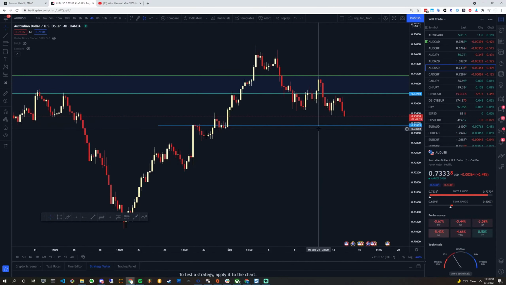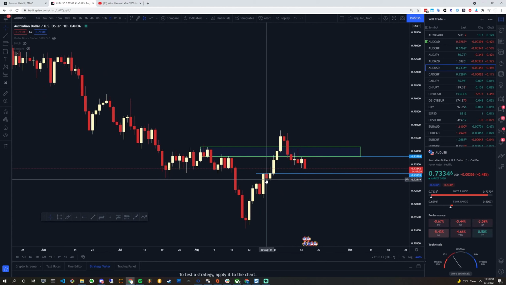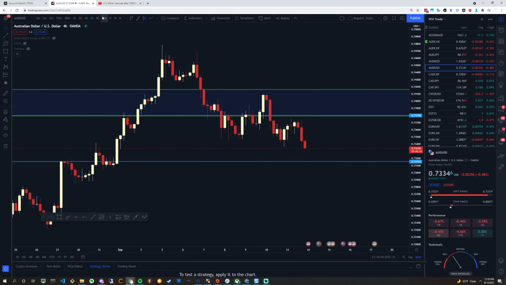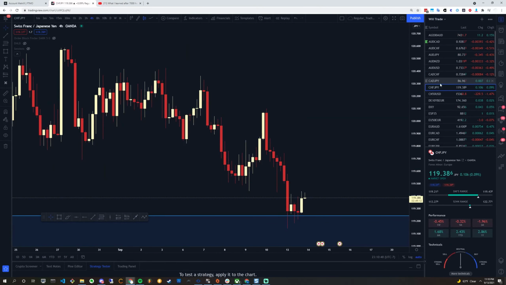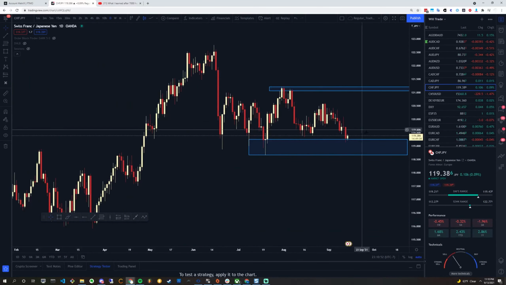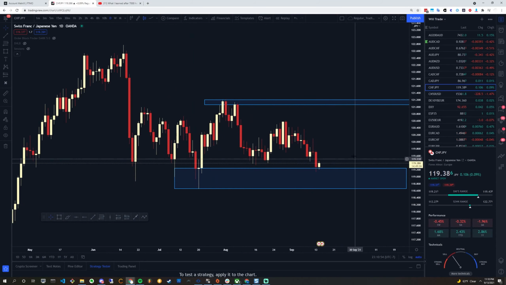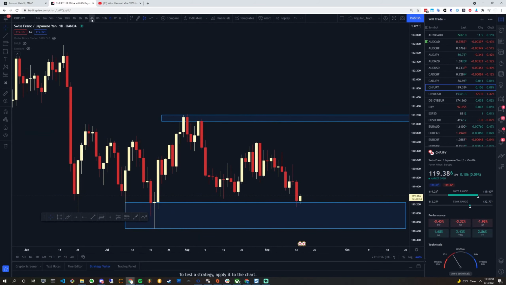4 hour looking good. I think it's gonna come down to around here-ish, the blue line, because that's our daily level, which looks like this. Could also bounce from here-ish. Okay, so Chief Yen looks like it's bouncing off a daily level right now.